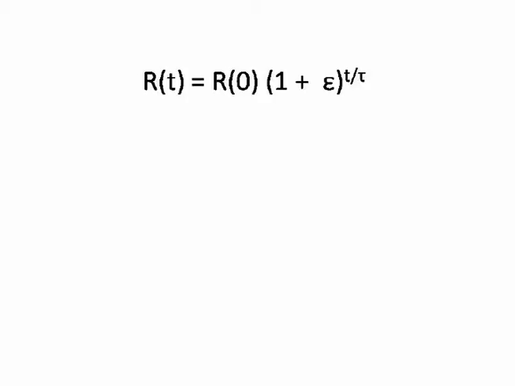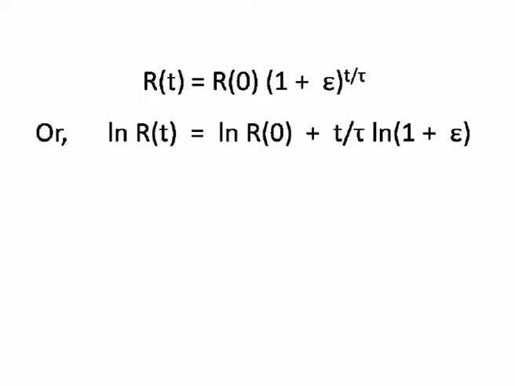You can write it in a more familiar fashion, you can take log of it. So, ln of R is equal to ln of R 0 plus t by tau times ln, this is log on the base e, of 1 plus epsilon. And for a small epsilon, this log of 1 plus epsilon to the base e will just be epsilon; log of 1 plus x, that series, if you remember, starts with x, x minus something plus something.